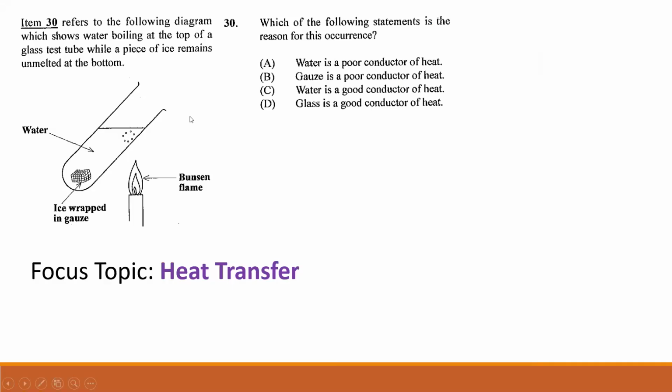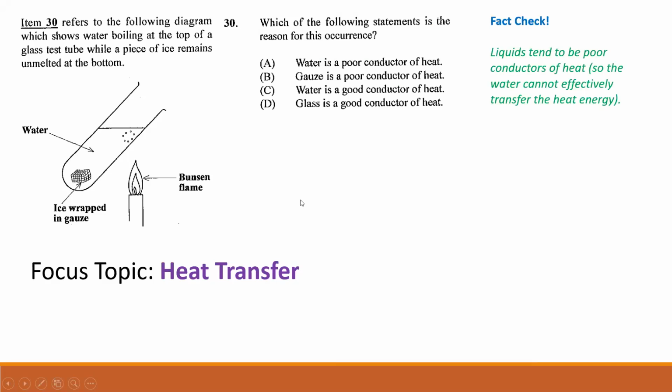Number 30. You have a diagram showing a tube of water and ice wrapped in gauze at the bottom. The water at the top boils and the ice remains unmelted. What does that tell you? Liquids are poor conductors, so water is a poor conductor of heat. That closely matches what this is saying.